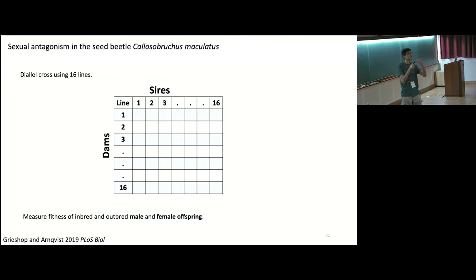You can do the classic quantitative genetic decomposition of the form that Guy talked about in his first lecture. Because there are different levels of relatedness, say along the rows and along the columns, you can make these statistical inferences about the underlying genetic components.